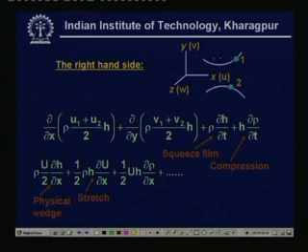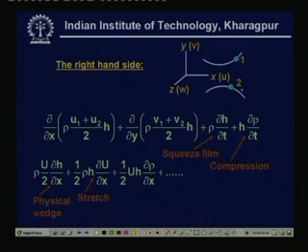If there are two moving surfaces, say this is 1 and this is 2, for which at point 1 the velocities are u1, v1 and w1 respectively in this direction, and at point 2 we also have the velocities u2, v2 and w2 respectively.